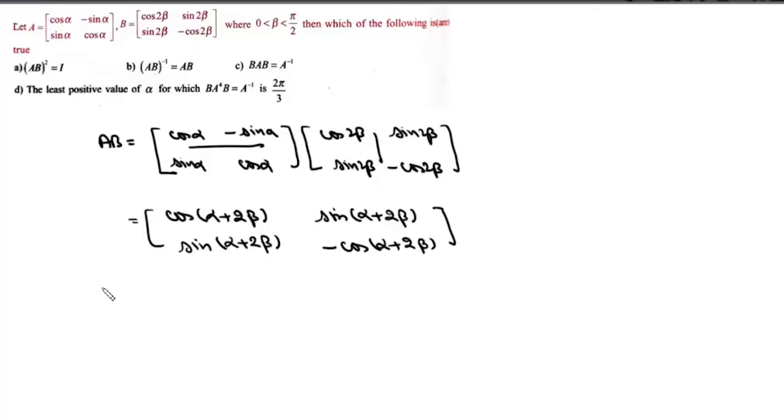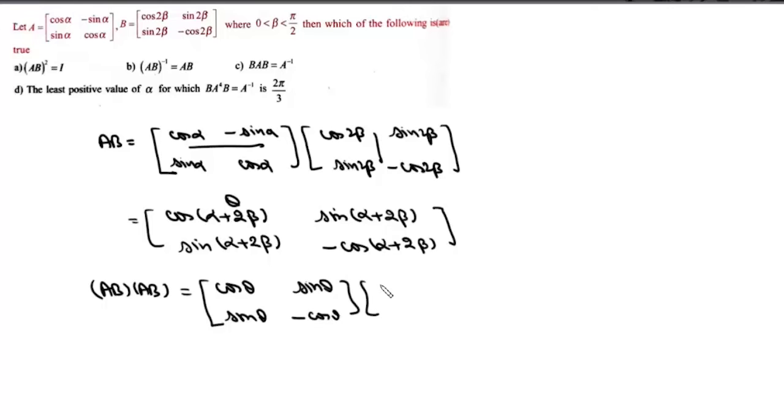Now if we take the multiplication of AB with AB, now this is suppose theta. So we can write this as cos theta, sin theta, sin theta, minus cos theta, multiplied by cos theta, sin theta, sin theta, minus cos theta.